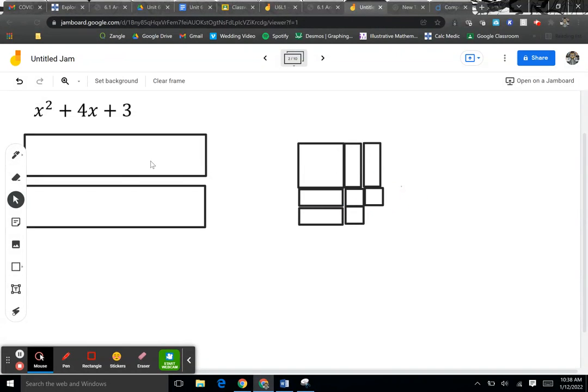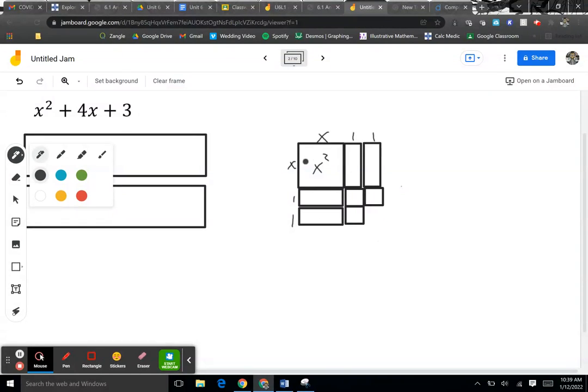All right, and what we have here now is x squared. This was x times x again. This was 1, this was 1. This length here is x. This is 1, and this is 1. And then I have 1, 2, 3. Each of these is 1. But to complete this square, I'm missing something.